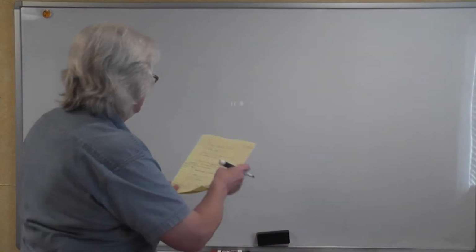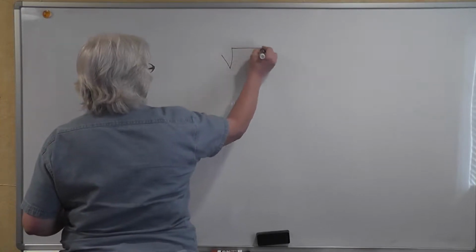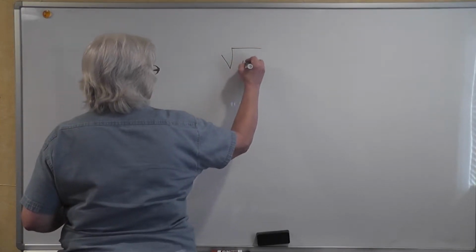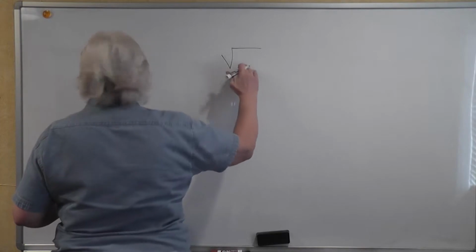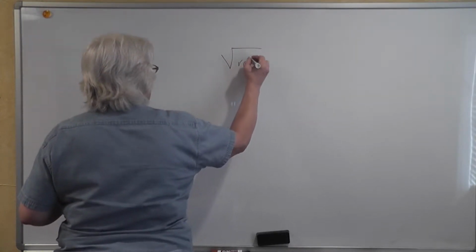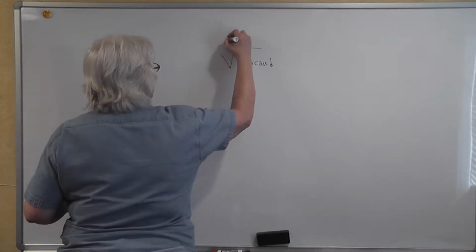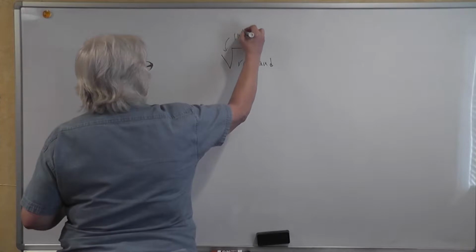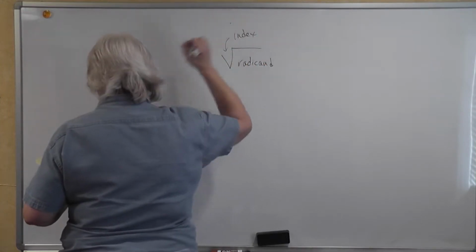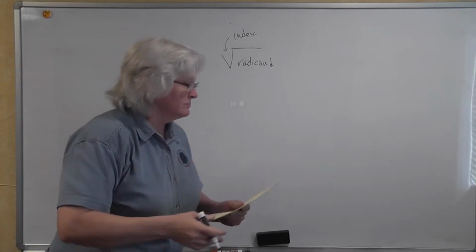Review of some vocabulary, or how you write things. If you have something inside this radical symbol, this radical sign, this is called the radicand, and the number up here is called the index.